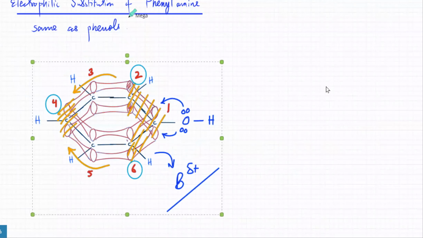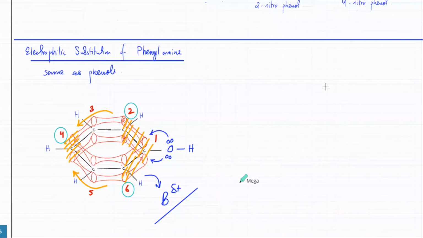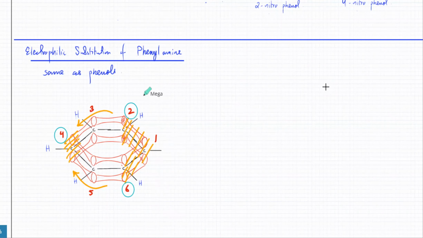So if I just repeat this, over here the bromine molecule is going to get polarized, but the charge density over here is increasing because there is an NH2 group. And the NH2 has lone pairs, and those lone pairs also overlap with the benzene electron cloud. So pretty much everything else follows and it's exactly the same.